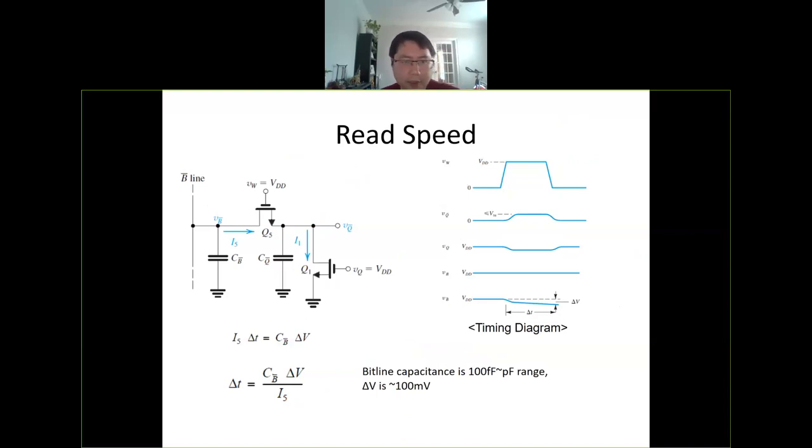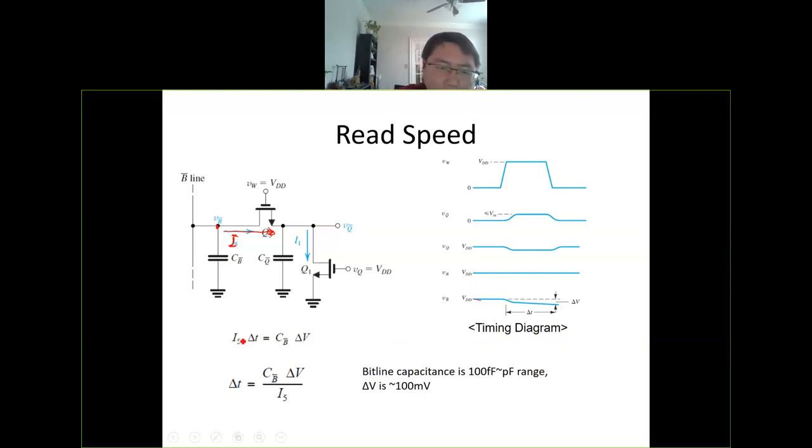Okay, one more thing is on the read speed. How fast can you read the data out? We can always use this kind of equation to look at the speed. We consider the current flow, that green arrow, that current. That current is going to discharge this bitline cap. So this current, and then you take some time. For example, if you look at the bitline voltage here, the voltage will decay over time, and we want to know how long we need to take before you reach the sense margin delta V, that is the decay of the voltage.